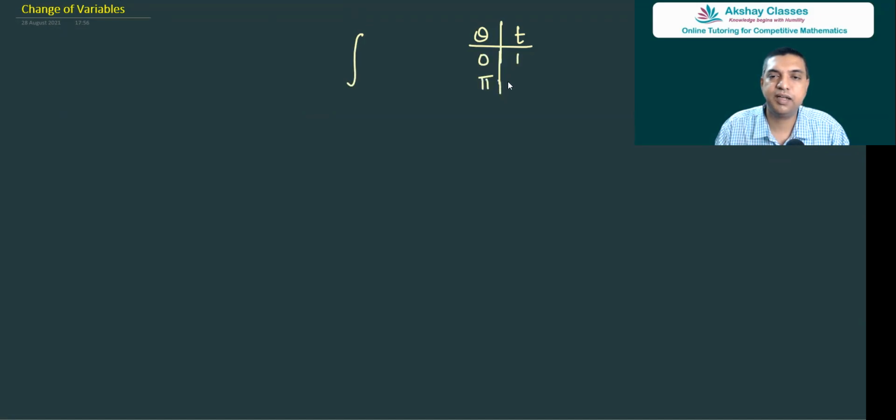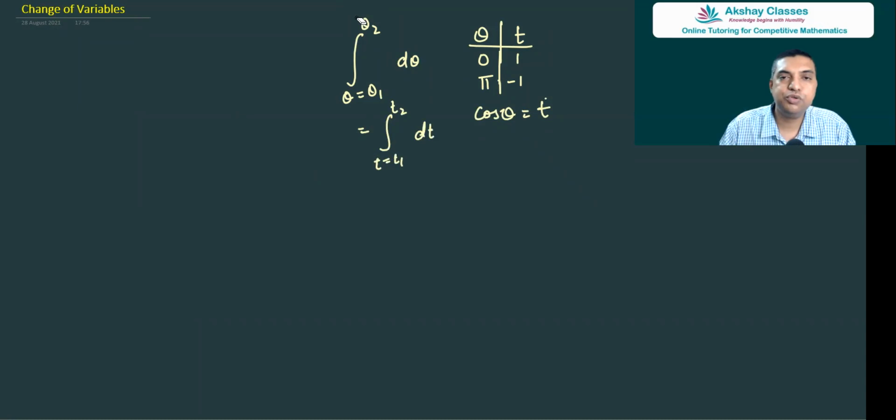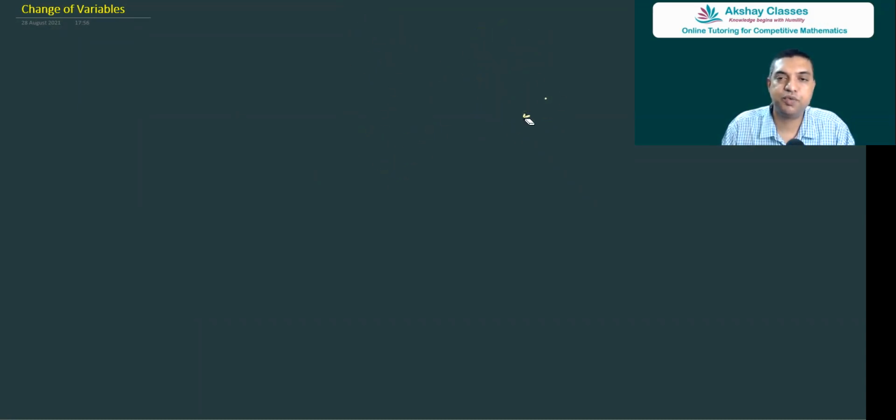When theta is pi, t assumes some value. Like cos theta equal to t, we make a substitution, then the integral that was in terms of theta converts to t by the substitution. Now, how to do that for double integrals and triple integrals? How does the substitution work?